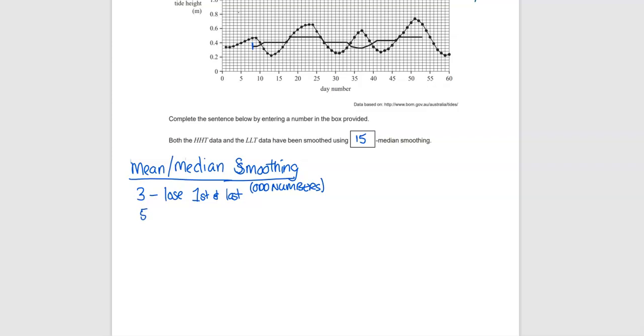If you have 5, you lose 2 at the start and 2 at the end. And then so on: 7 we lose 3, 9 we lose 4, 11 we lose 5, 13 we lose 6, and 15 we lose 7.